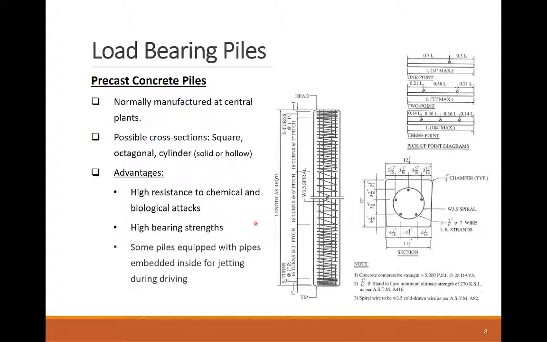As a reinforced concrete member, precast piles provide higher bearing capacity than a timber pile. Some piles are even equipped with small jetting pipes to help with breaking the ground under the pile during the driving process.